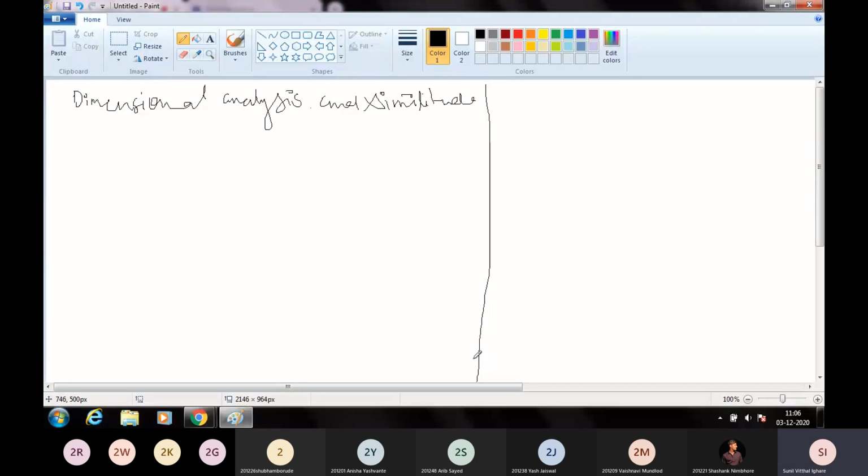And we have seen how to write the scale ratios in different aspects, like the length scale ratio, the area scale ratio or the volume scale ratio.